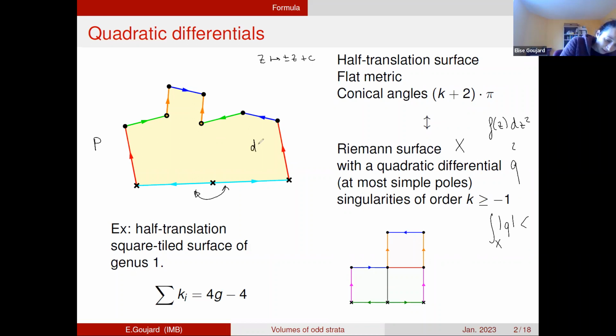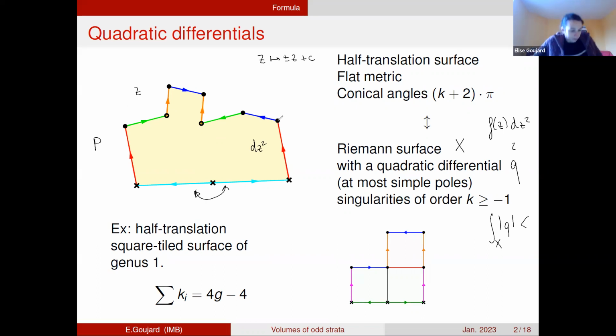If I consider the plane with coordinate z, and then the form dz squared, dz squared is well glued by changes of coordinates like this. You have to be careful around the singular points.